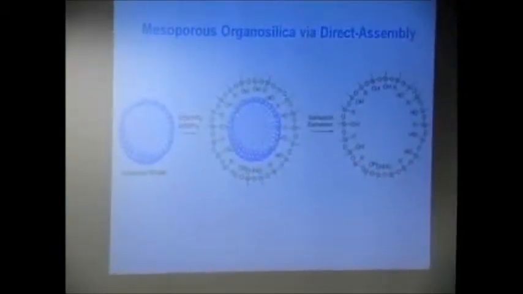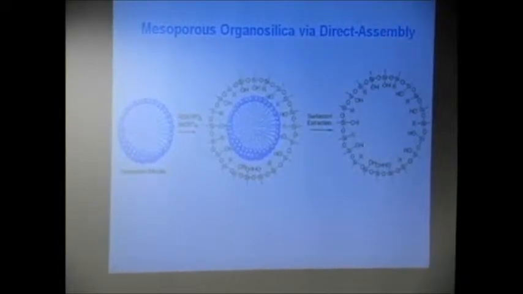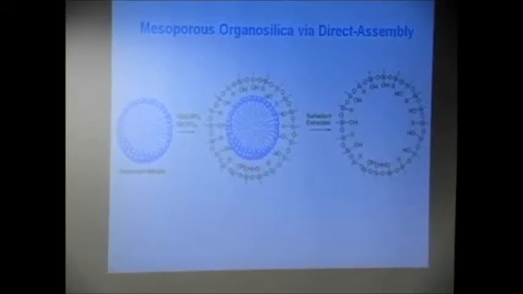The preferred way is what's called direct assembly, where you introduce the organofunctional silicate precursor, a siloxane, along with the typical TEOS, tetraethyl orthosilicate, that is the main framework reagent. As the polymerization occurs, the carbon-silicon bond is very stable, and so the organic group is integrated into the structure.